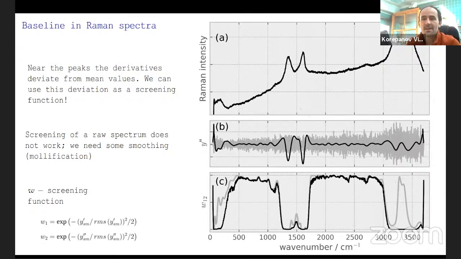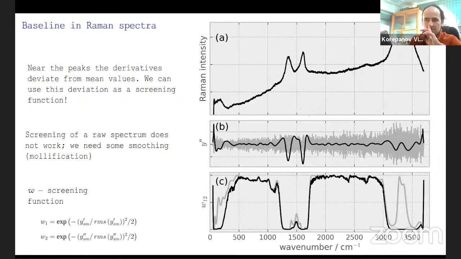So one idea how to distinguish the luminescence and Raman peaks is that we can hypothesize that near the peaks, the derivatives, both first and second derivatives of the spectra, strongly deviate from the average values.